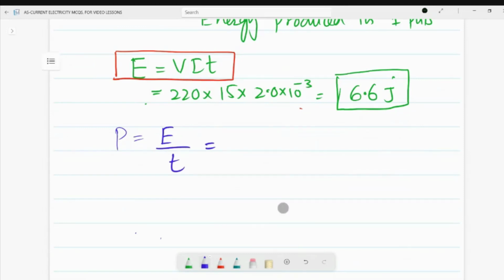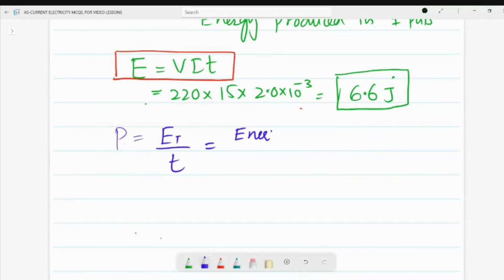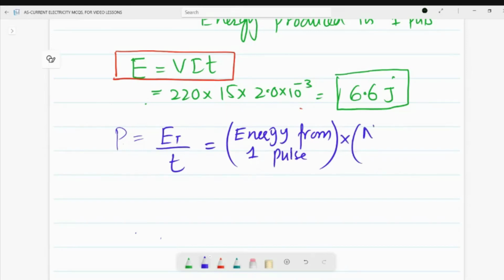Total energy is energy for one pulse times number of pulses generated, divided by total time.